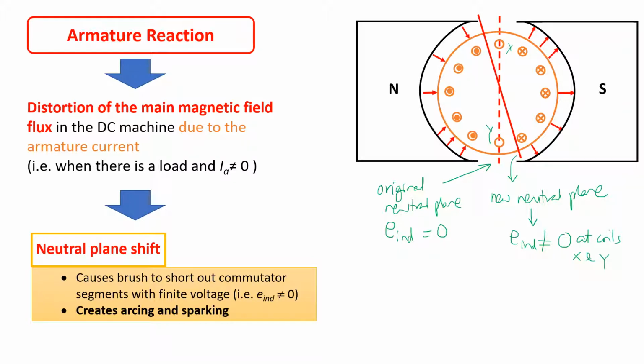So imagine if you are having brushes that are commutating at the original neutral plane. The brushes are now short-circuiting commutator segments with voltage that is no longer 0, and this would mean arcing and sparking will occur during commutation.